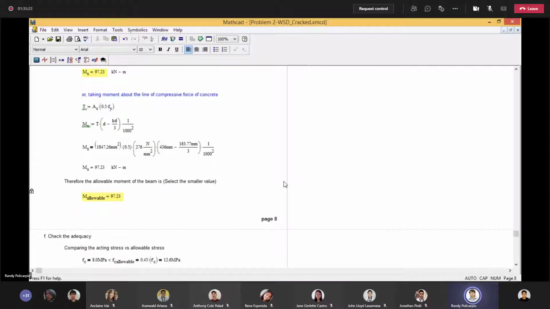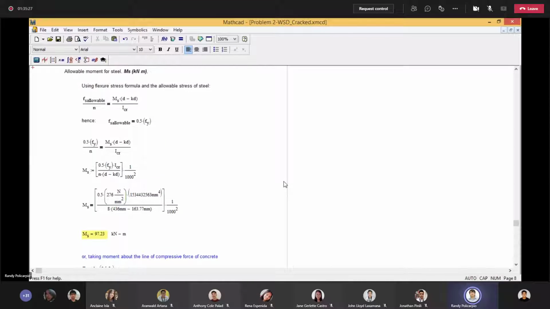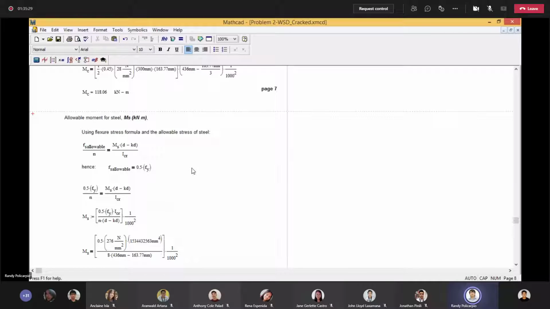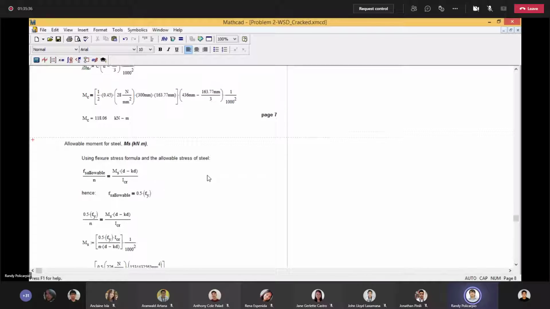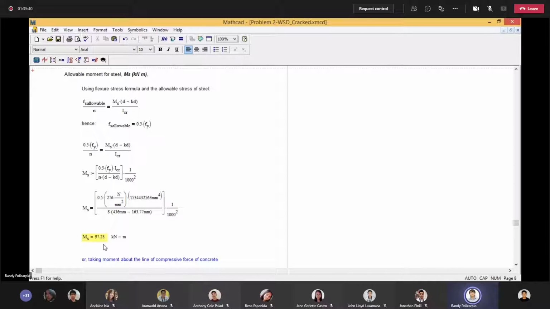So now, since we are computing for the allowable moment, that is basically the safe allowable moment. So we're going to compare MC and MS. Iko-compare mo yung dalawa, and then you select the allowable moment.